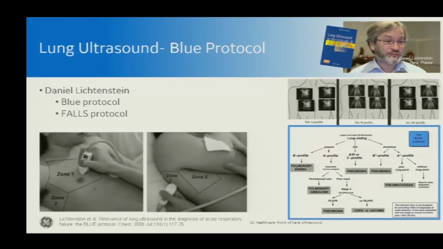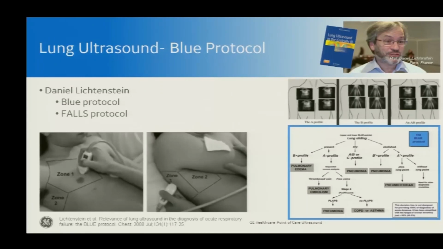What it does with this decision tree is look at patients in acute respiratory distress and decide what's the cause of their respiratory distress based on the lung ultrasound. And he does this by looking at what he calls the A profile, the B profile, the AB profile, the B plus profile, a C profile, and an A plus profile. Wow, that all sounds very confusing, but it's really not that complex.